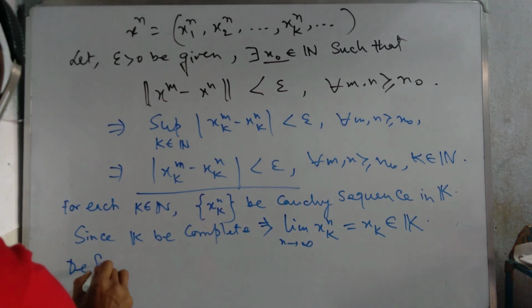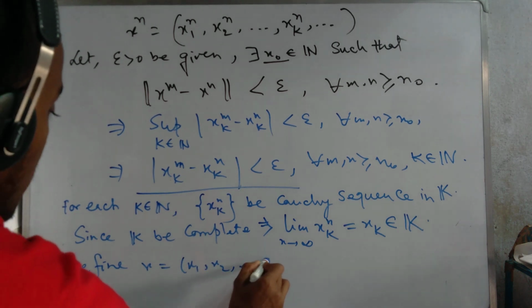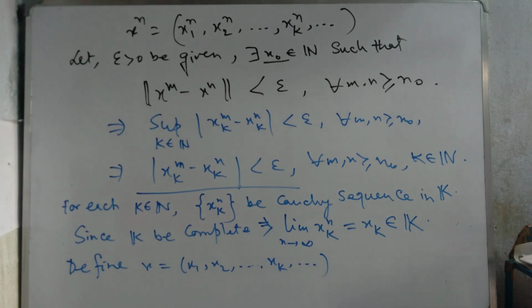Now we define x equal to (x1, x2, dot dot dot, xk, dot dot dot). Then what we have to prove?